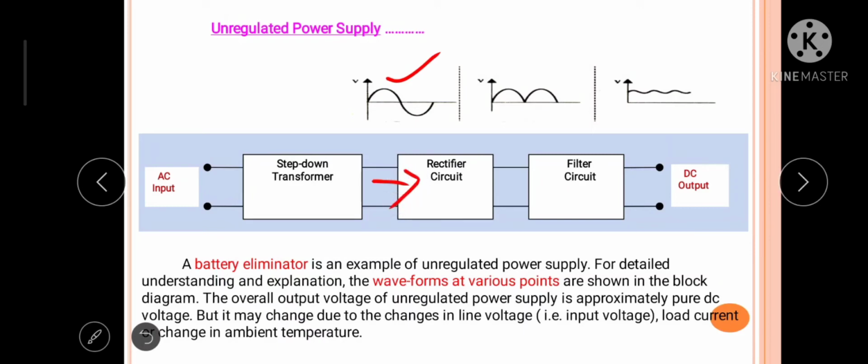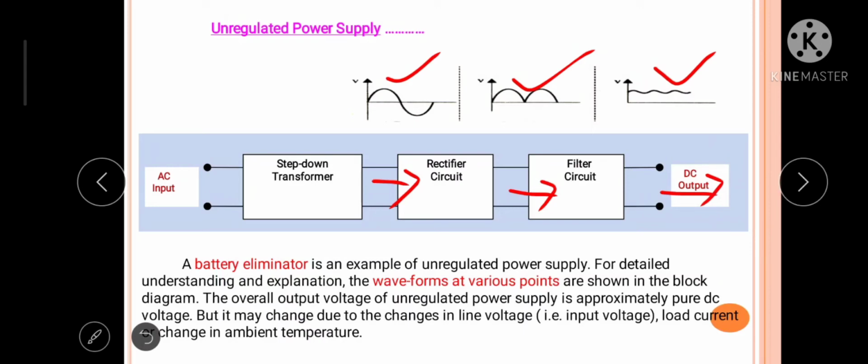Then this rectifier gives us the pulsating DC. Then this pulsating DC is connected to the input of the filter circuit, and the filter circuit gives us a somewhat smoothened or filtered output, and then that output is connected to the load part.